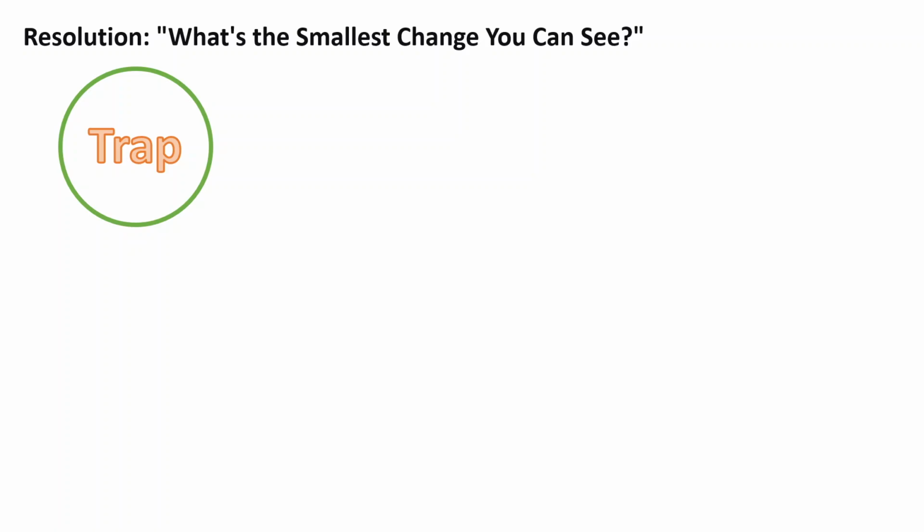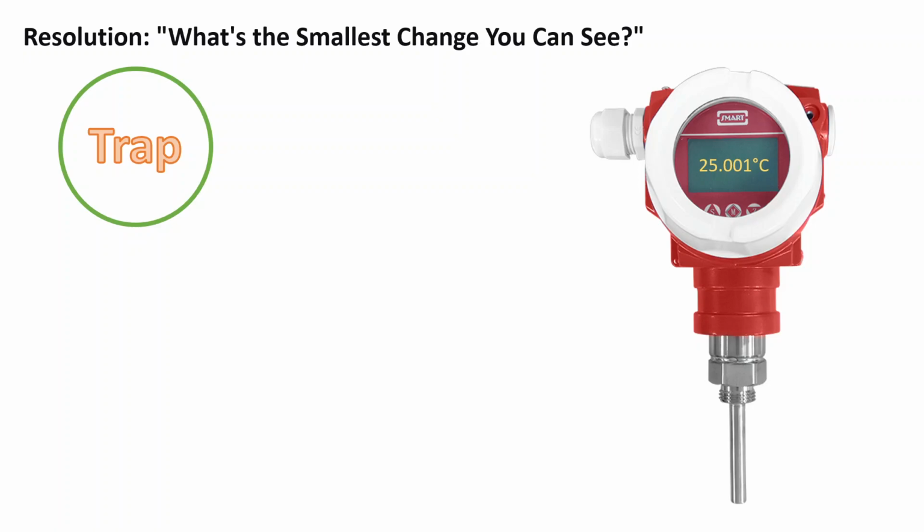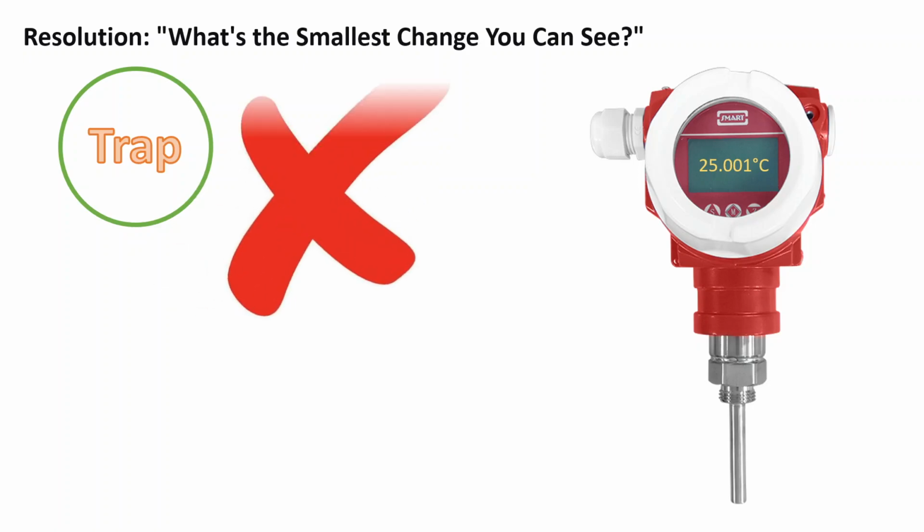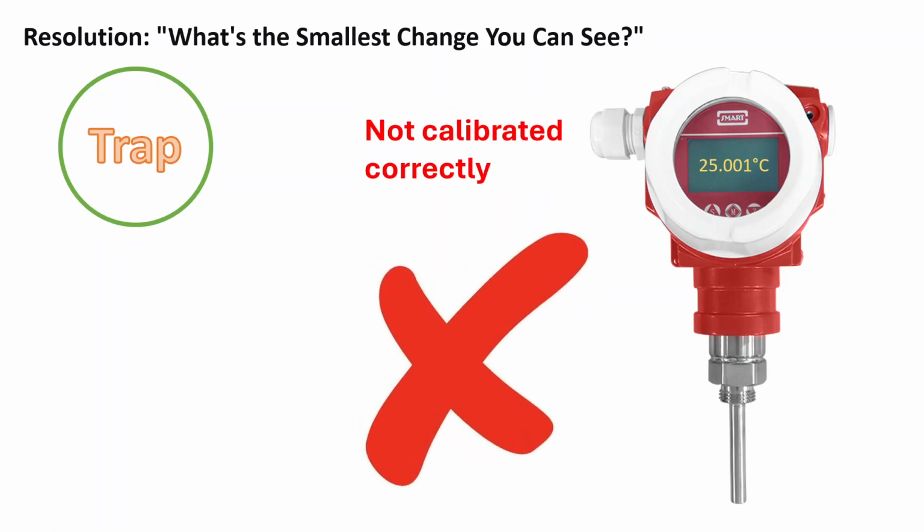That's the trap. An instrument with very fine resolution might display 25.001 Celsius with total confidence. But if it's not calibrated correctly, that precise looking number is precisely wrong. Resolution and accuracy are separate things.